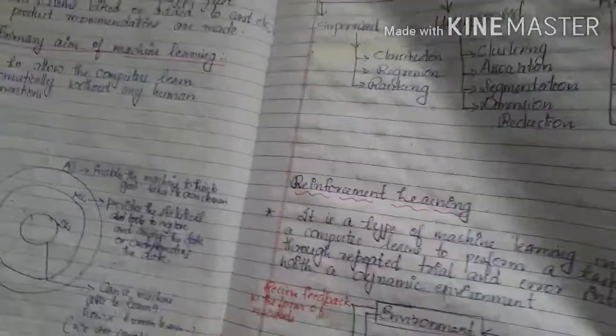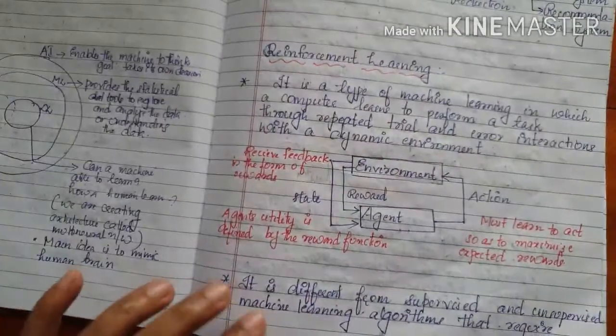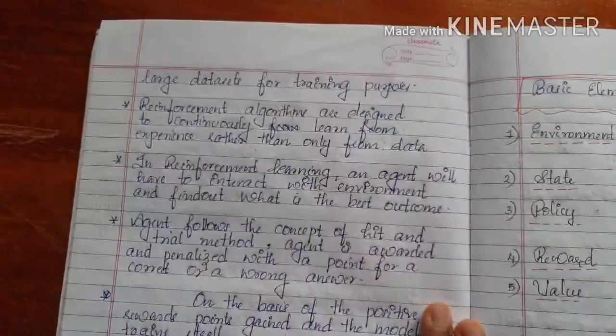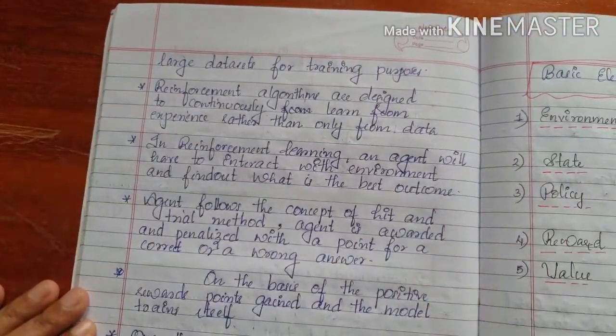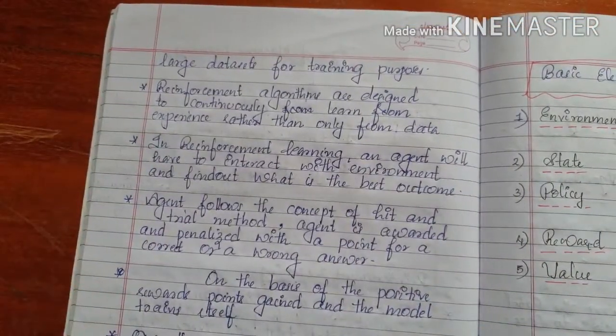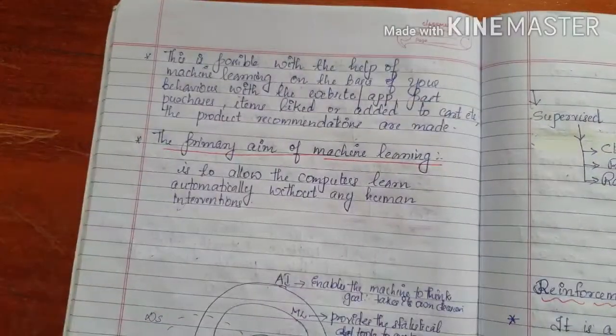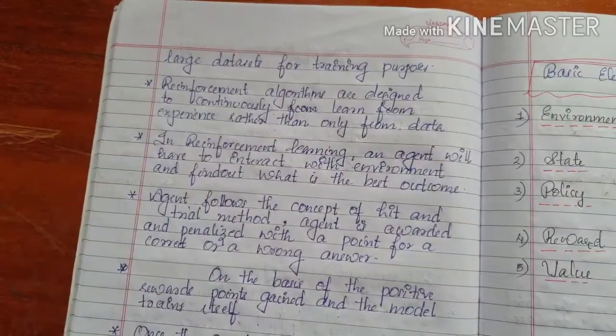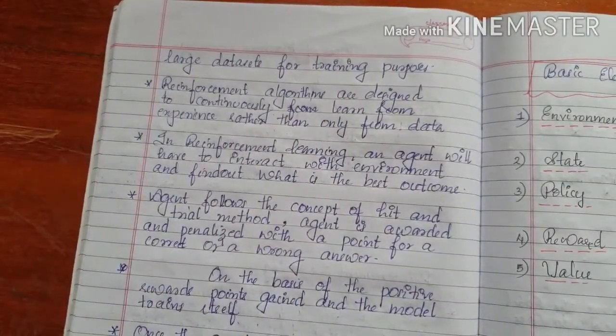This is how reinforcement learning also works. It is different from supervised and unsupervised machine learning algorithms, which require a large database for training purposes. In reinforcement learning, we don't have that much data, because everything is learned from the dynamic environment.